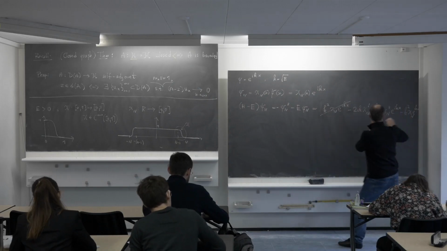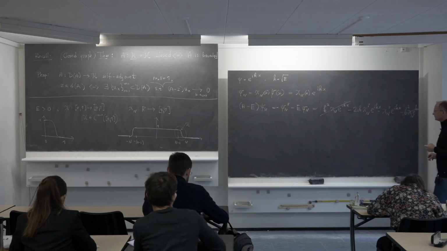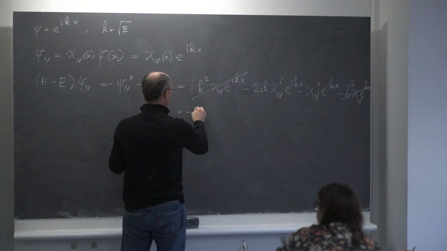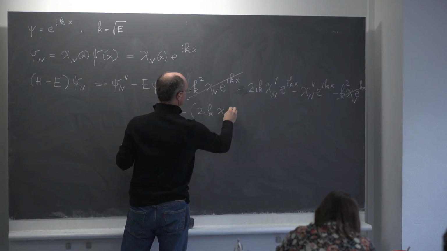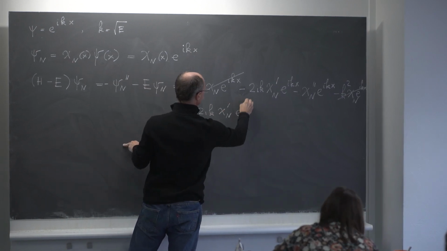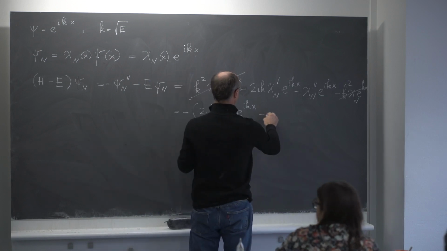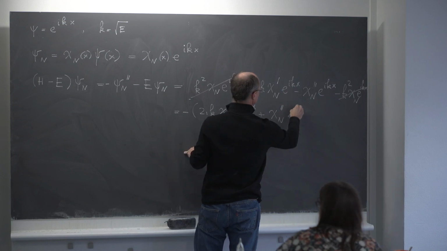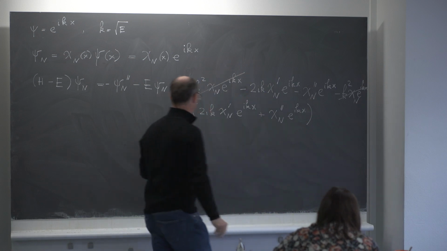So these two terms will cancel out, and we're getting minus 2ik chi n prime e^{ikx} plus chi n double prime e^{ikx}.